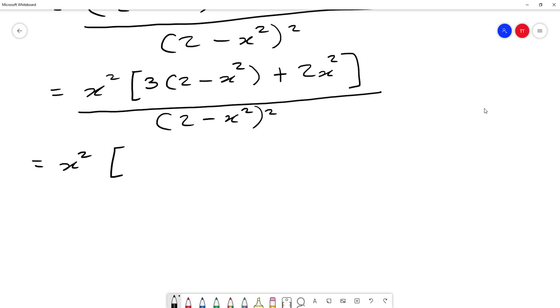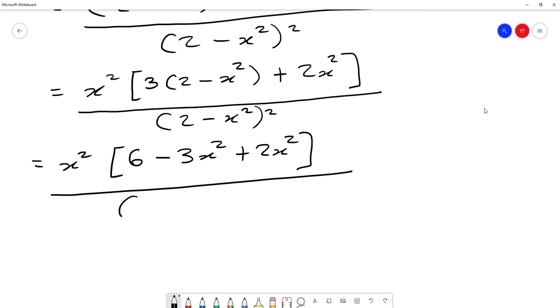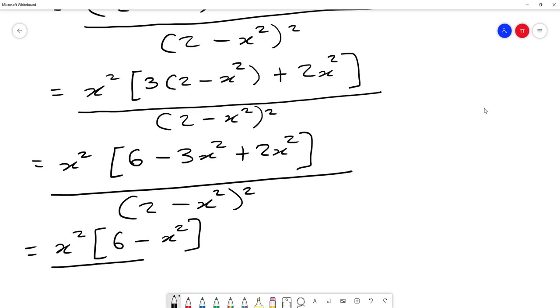So multiplying the brackets out, it gives me 6 minus 3x squared plus 2x squared, all over 2 minus x squared all squared, and that gives me x squared times 6 minus x squared, all over 2 minus x squared in brackets all squared.